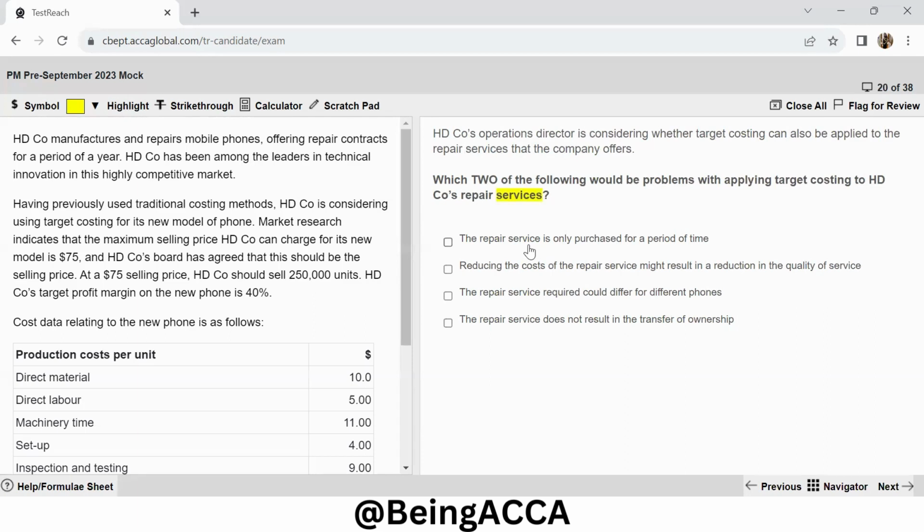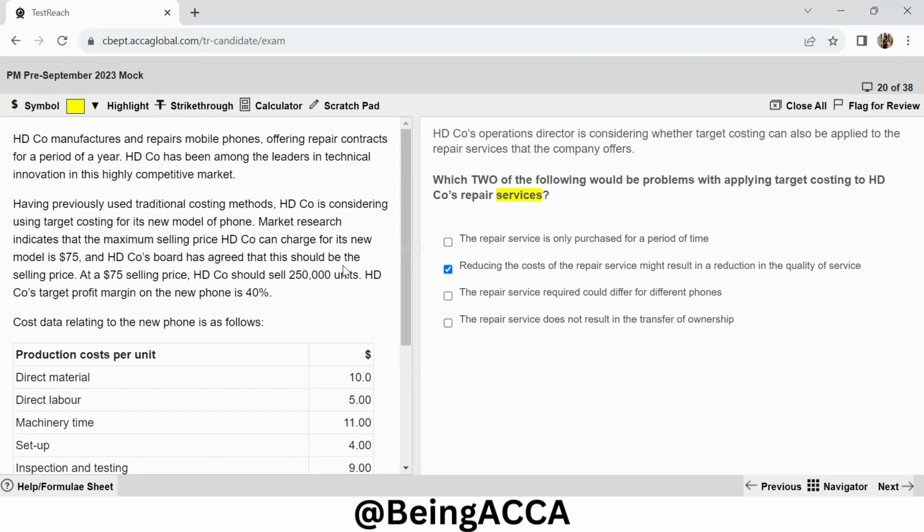The repair service is only purchased for a period of time. This will not affect the application of target costing at all. Reducing the costs of the repair service might result in a reduction in the quality of service. Now, this is absolutely correct, because services are not very homogeneous. They differ.